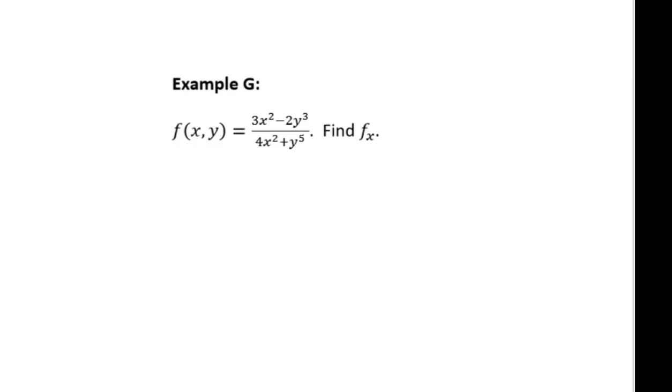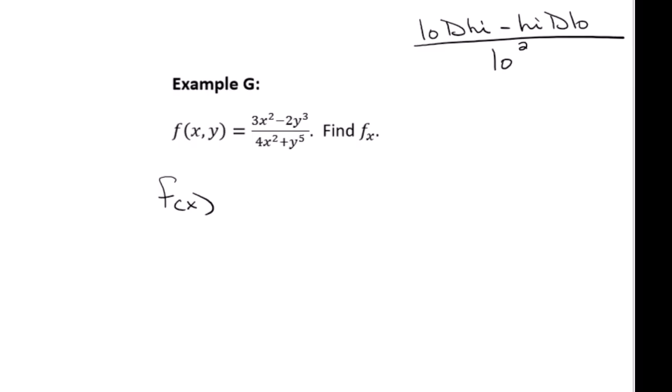In example G, we'll take the first order derivative with respect to x of a rational equation. Remember our low d high minus the high d low over the low squared.